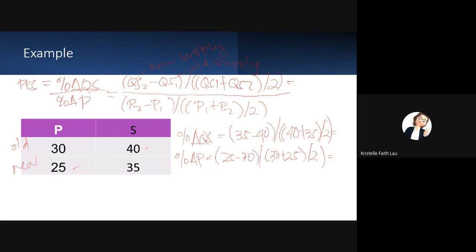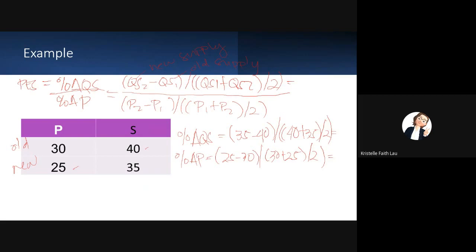So 35 minus 40 divide 40 plus 35. Close parenthesis, divide natin sa 2, then another close parenthesis. So we have here negative 13.